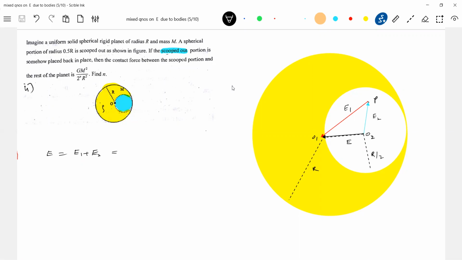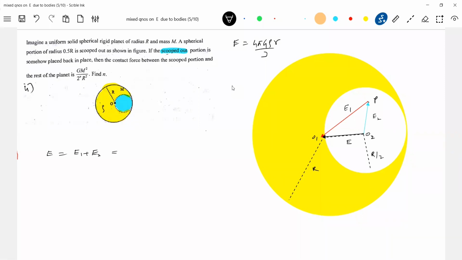Four pi G rho r by 3. Anybody can tell the formula? E equal to 4 pi G rho r by 3.